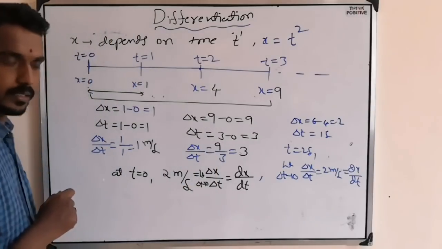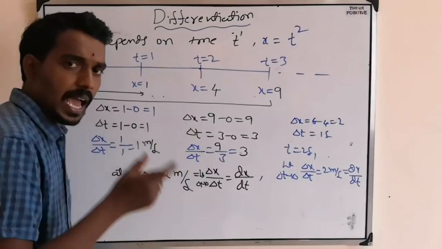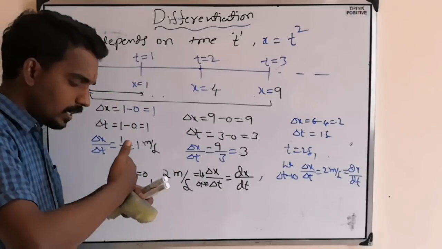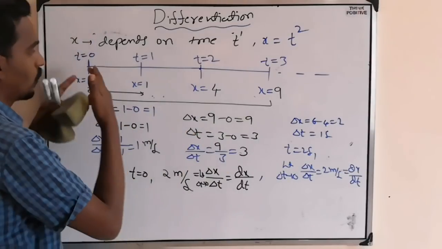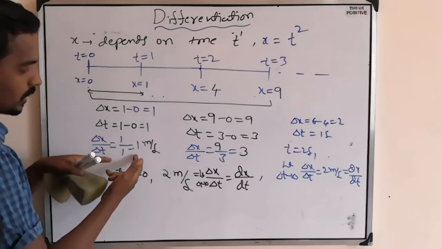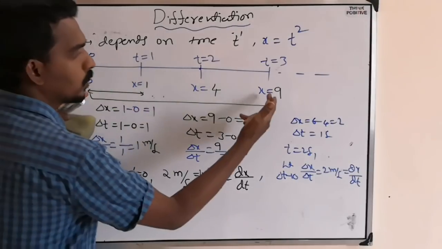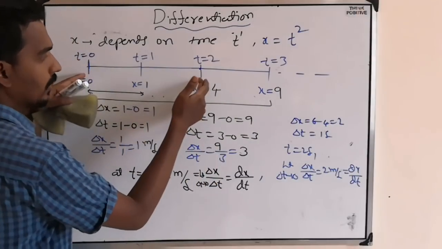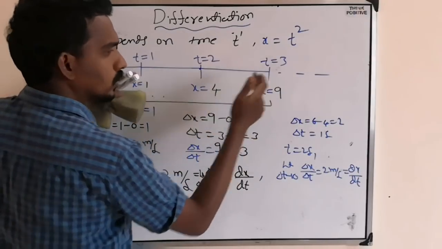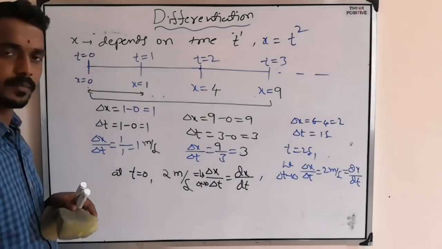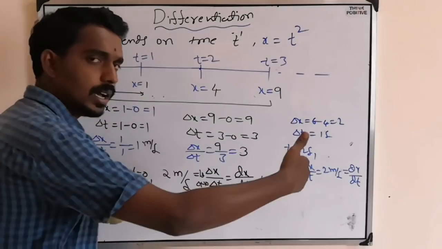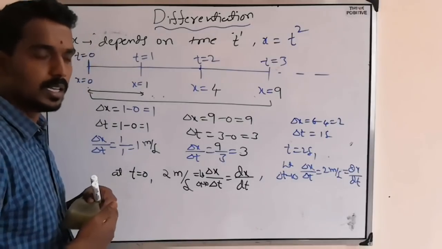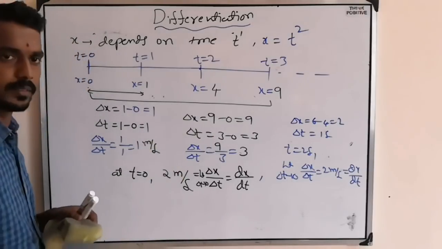When we say average, it is from one instant to another instant, not only here to here, from here to here, average. From t equal to 1 to 3, average. From one value to another value of variable, the change is called average.